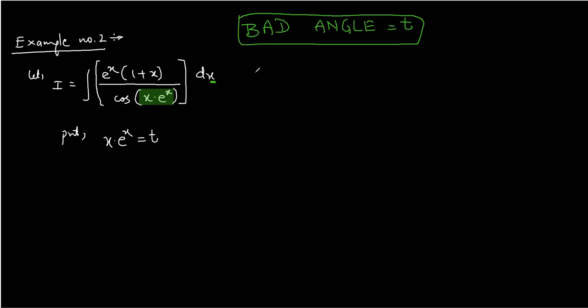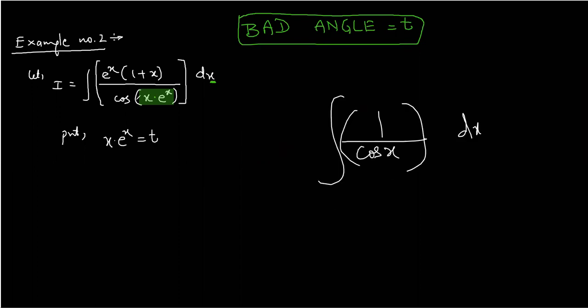But just putting the bad angle as T, how does it help me? Oh dear, why wouldn't it help you? Check. If it was not cos of this, if it was cos of x, what would it have been?